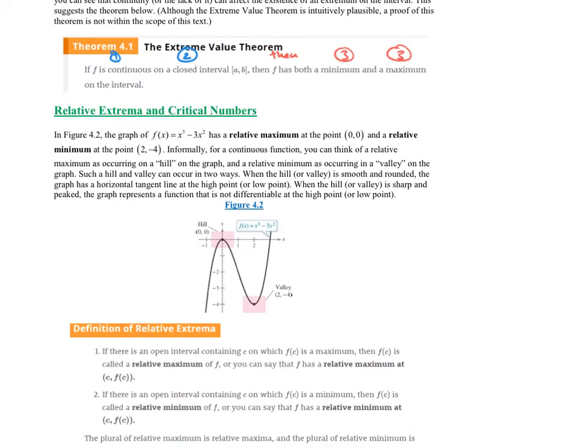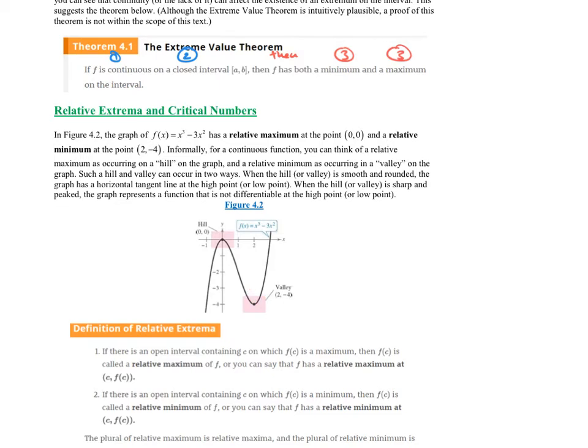It says in figure 4.2, the graph of x cubed minus 3x squared has a relative maximum at the point (0, 0), I read that wrong, and a relative minimum at the point (2, -4). Informally, for a continuous function, you could think of the relative maximum as occurring on a hill of a graph, so here's your hill, and a relative minimum is occurring on a valley, like this right here.